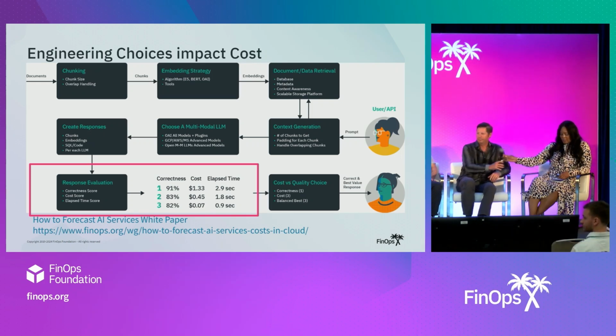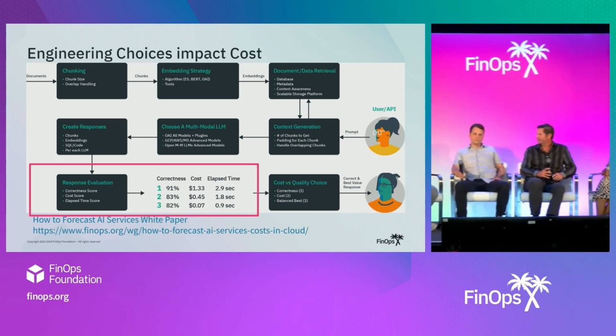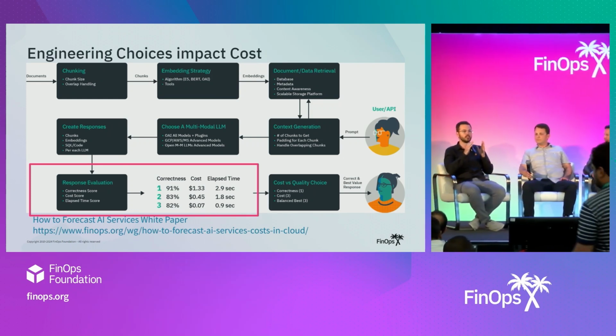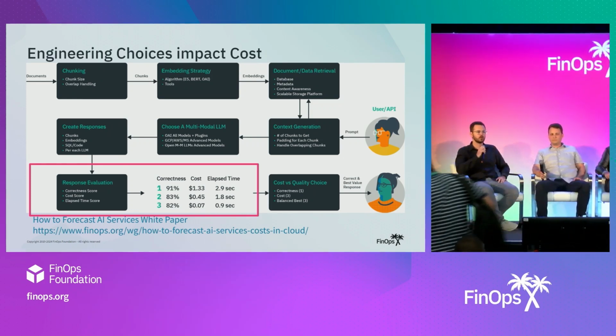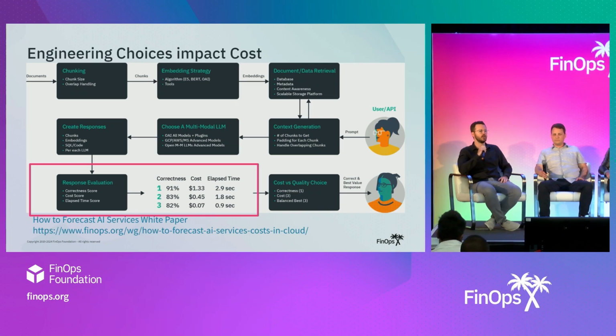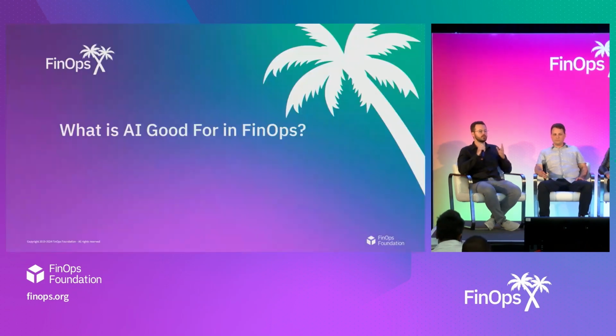Sure. Yeah. So I kind of mentioned it earlier, right? AI for FinOps is kind of what we're talking about. The best way to think about it is, what is the nitty-gritty work that you don't necessarily enjoy about FinOps?